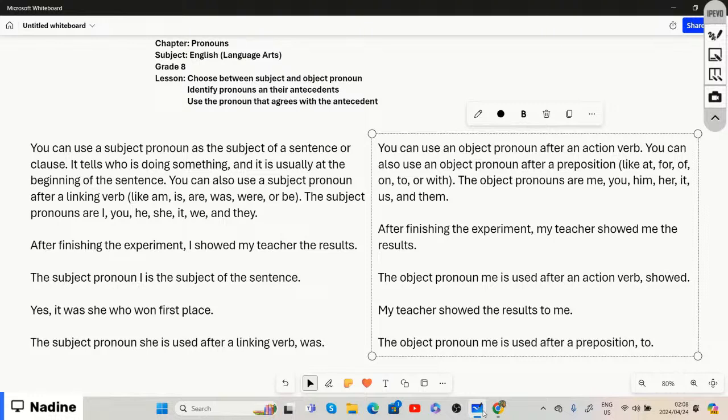So we said that you can use a subject pronoun as a subject of a sentence or even a clause. It tells us who is doing something, and it is usually at the beginning of a sentence.